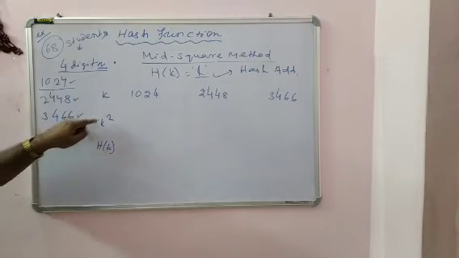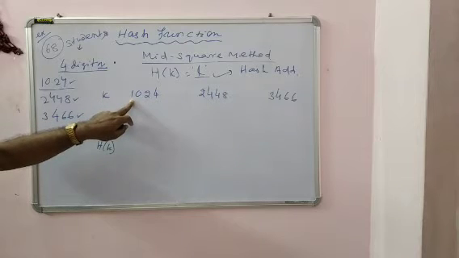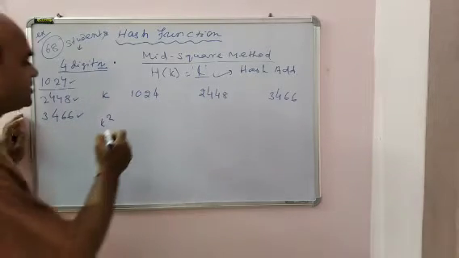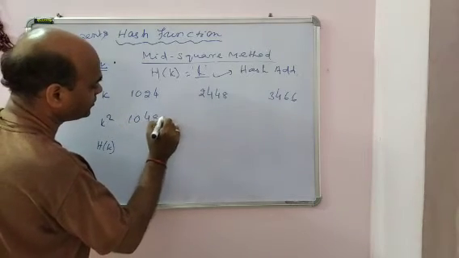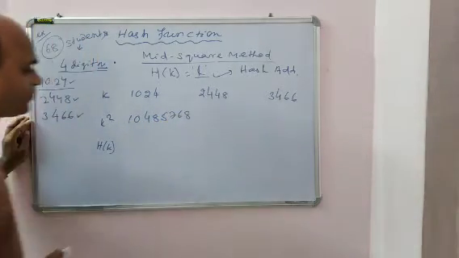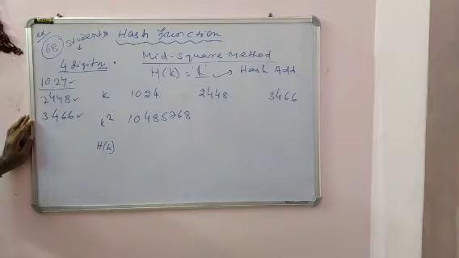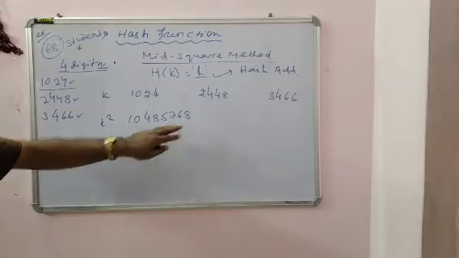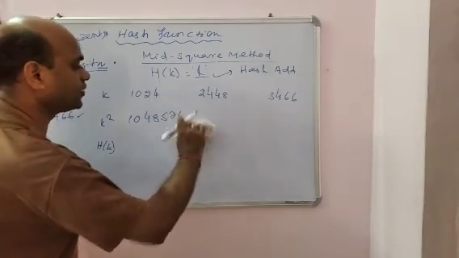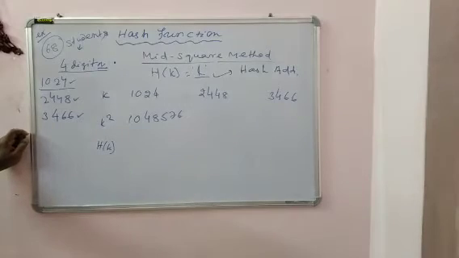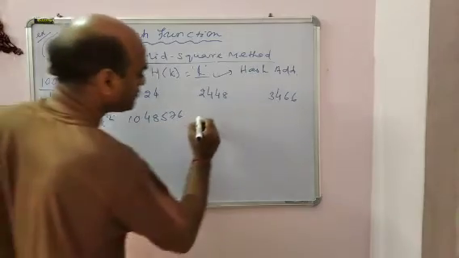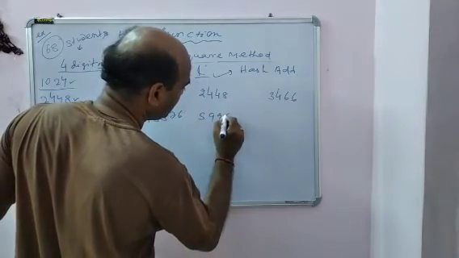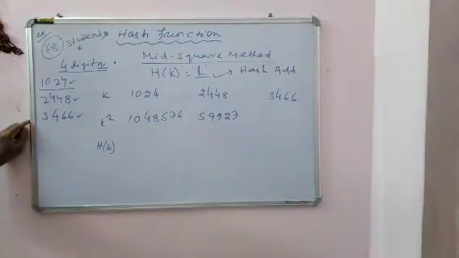Now find the k square. The square of 1024 will be equal to 1048576. This is the square I have calculated. Similarly, the square of 2448 is equal to 5992704.